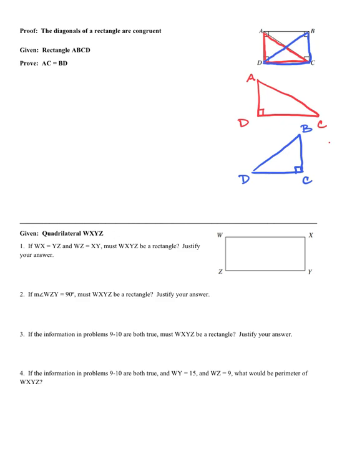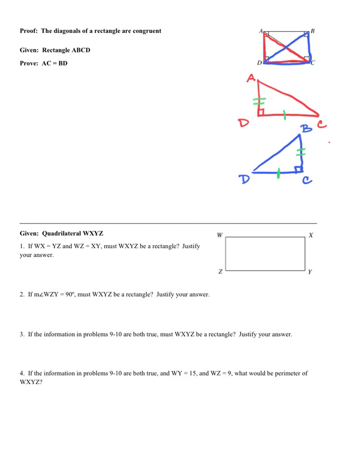They also overlap at side DC, so we know that DC in this triangle is the same length as DC in the other triangle. Then if we take a look at segments AD and BC, they would also have to be congruent to each other. And the reason is because all rectangles are parallelograms, and all parallelograms have opposite sides that are congruent.